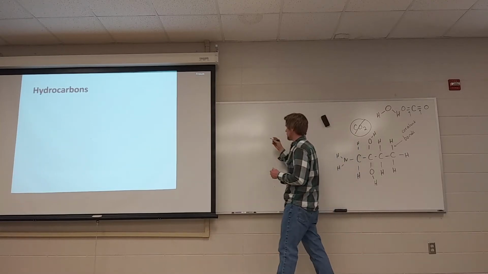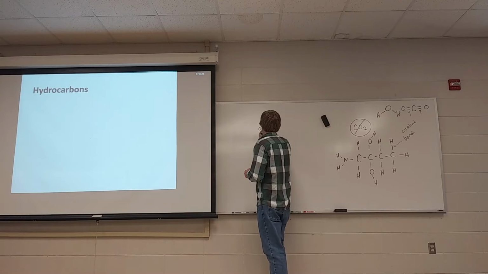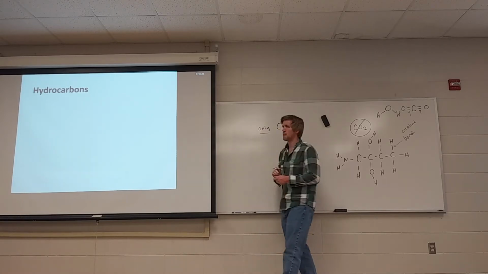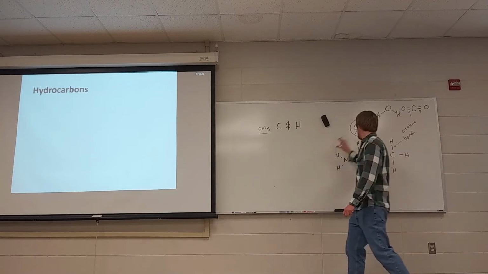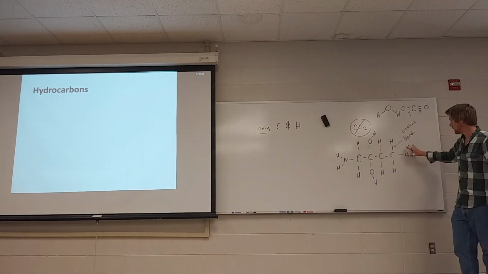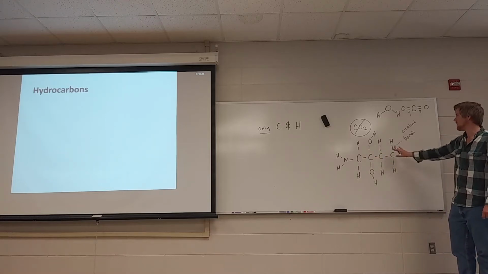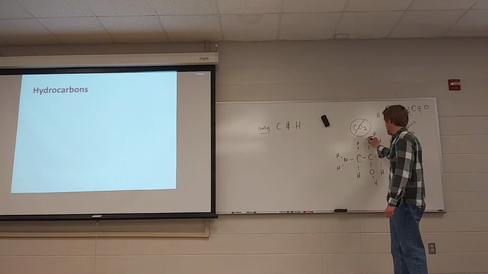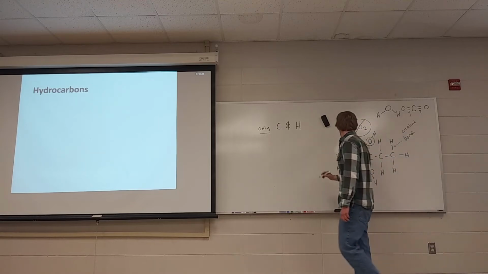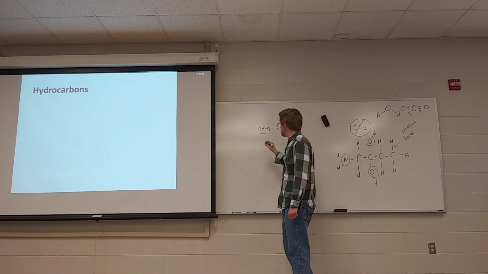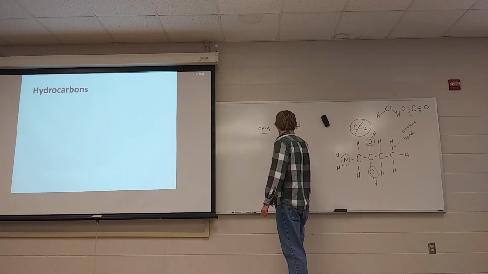The hydrocarbons include only carbon and hydrogen. So this organic molecule over here that I drew is not a hydrocarbon, because we've got the O and the N, and another O. But if it's got only C and H, it's a hydrocarbon.